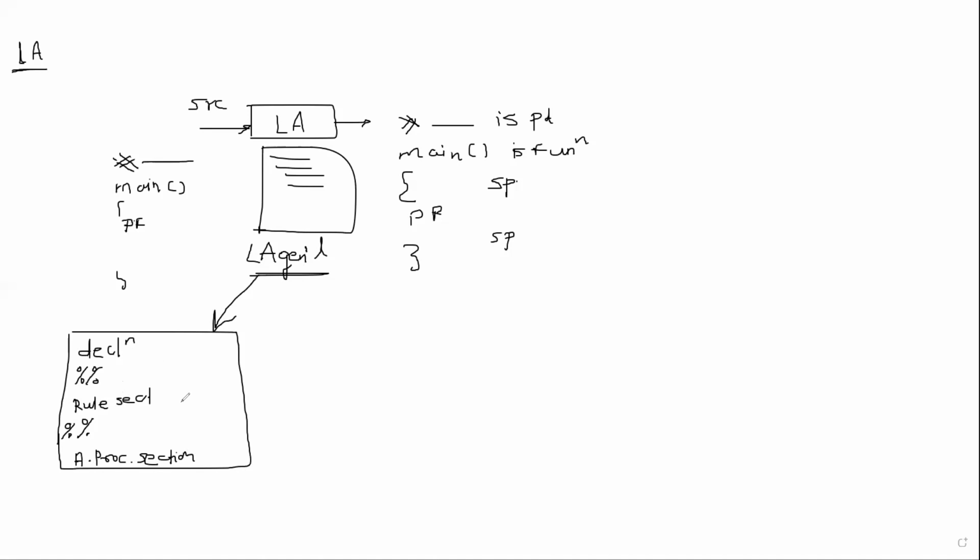structure of .l file. After this, once you write the program in this, one more thing, that rule section has a typical syntax again. So you have to write a rule here that is nothing but the pattern.